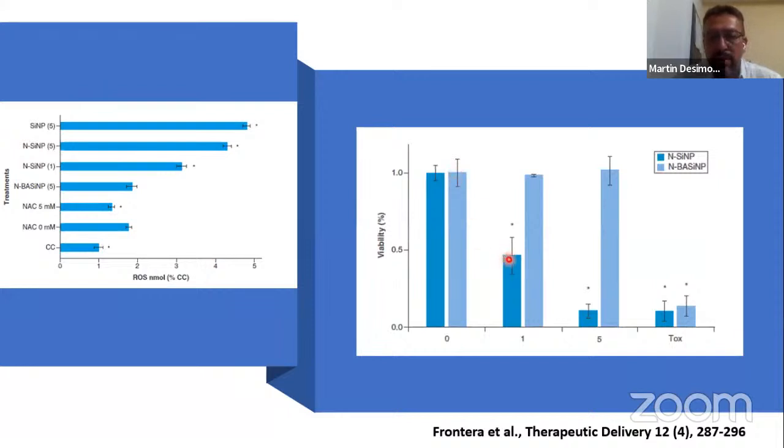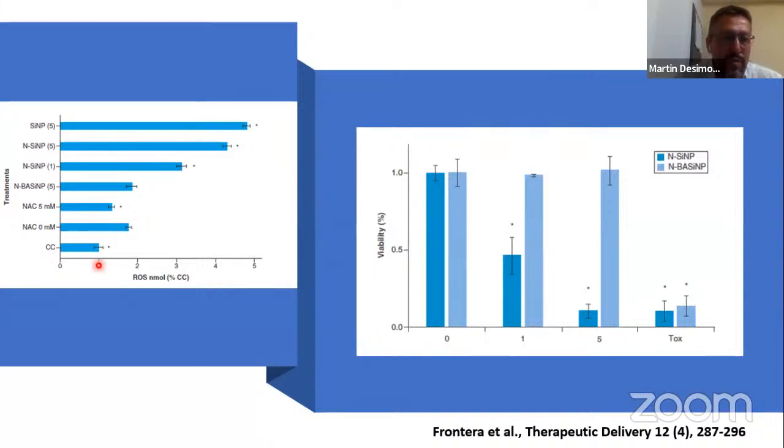So if we increase the amount of silica nanoparticles, we observe a diminution in the viability of the cells. But to avoid this effect, what we do is coat the nanoparticles with proteins. In this case, we evaluate what happens if we absorb albumin on the surface of the nanoparticles. And we observed that when the nanoparticles have a shell of this protein, the viability of the cell is not affected.